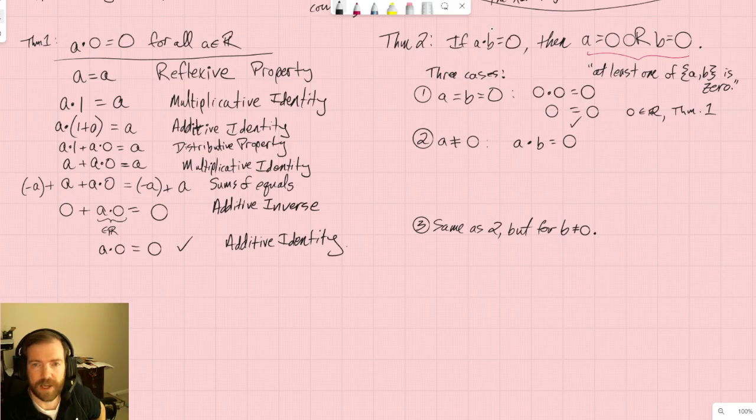So here, if A times B is equal to 0 and A is not 0, this means that A has a multiplicative inverse, which is called 1 over A, which we can multiply to A times B on the left of both of these things.